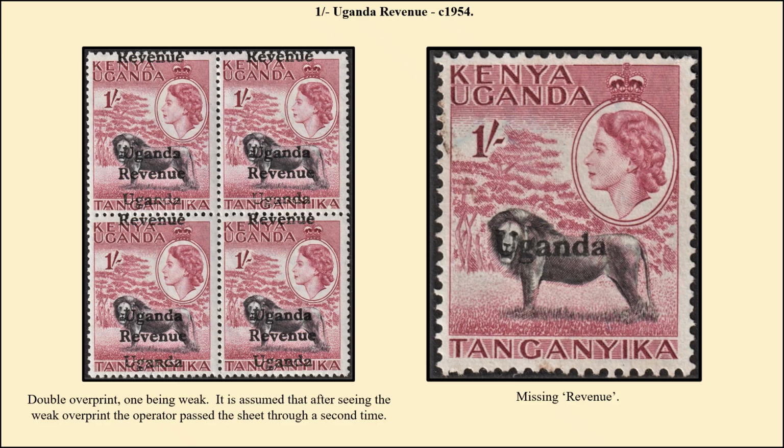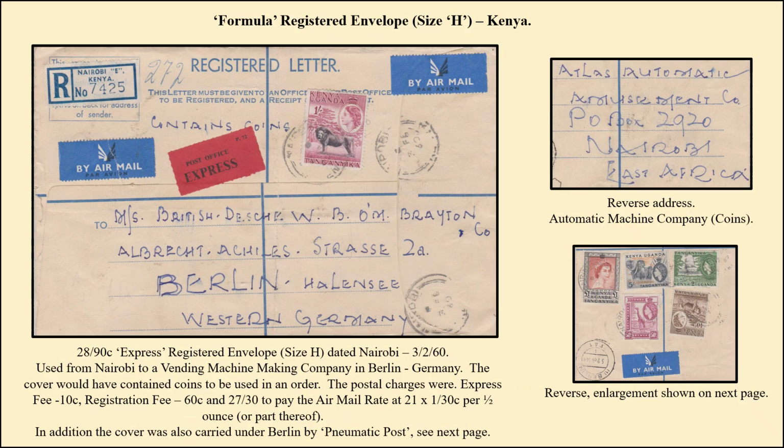The second stamp, which I believe is unrecorded, is the missing revenue just leaving the Uganda. Again, a registered letter, this is also size H, it is from Nairobi to Berlin.